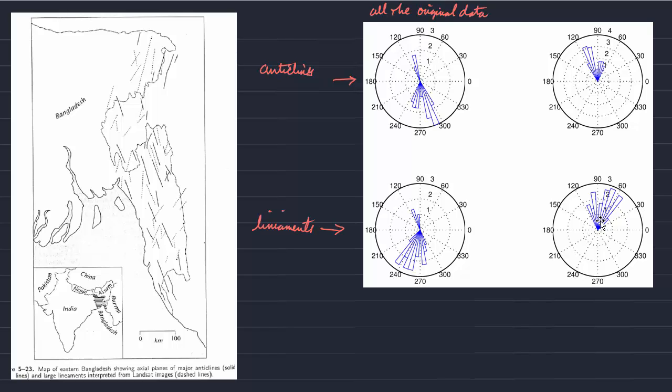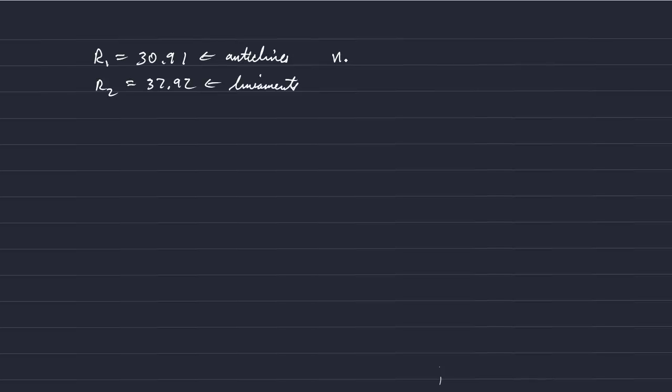Using these data, I calculated R1 and R2, and I got the following values. R1 is equal to 30.91 for the anticlines. R2 was equal to 37.92 for the lineaments. For comparison, N1 was equal to 32.